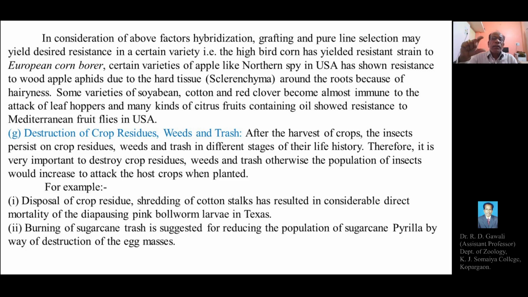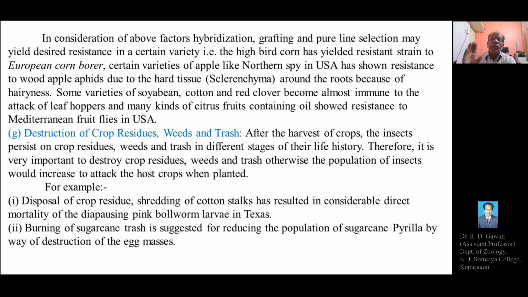So the removal of crop residue, weeds and trash, which contain different stages, eggs, larvae, pupae or adults in a hidden or dormant stage, should be done, as these might be a primary source for the next crop.